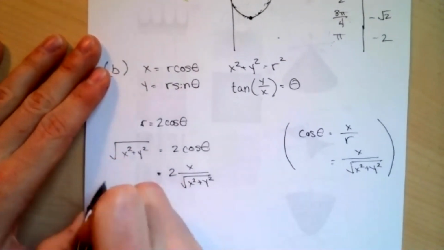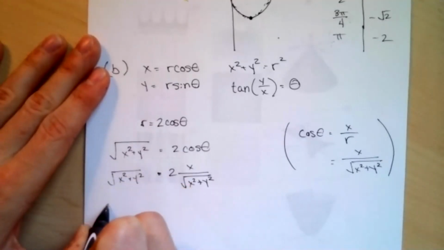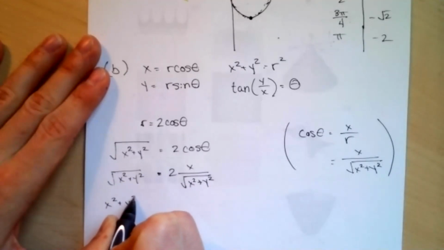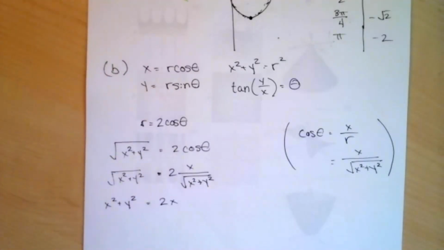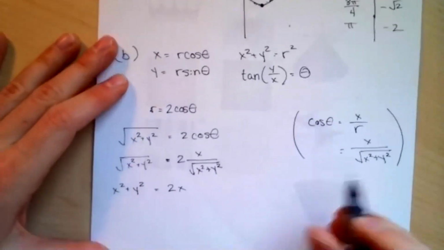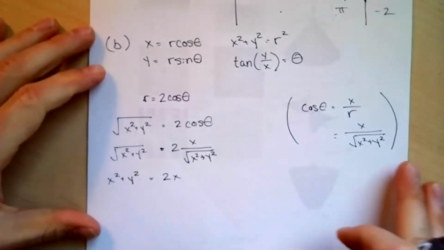And so nicely enough, if we multiply those square roots over, we get rectilinear equations for it. So that's a Cartesian equation.